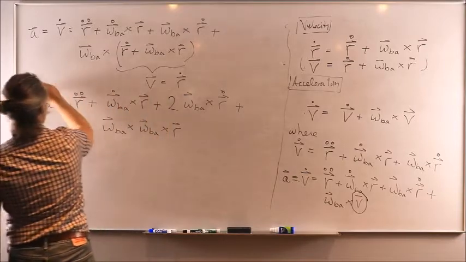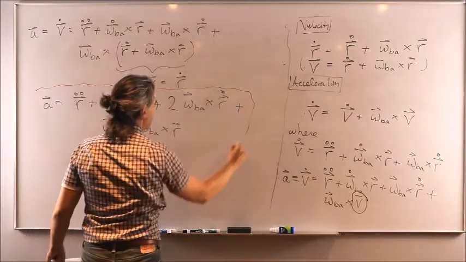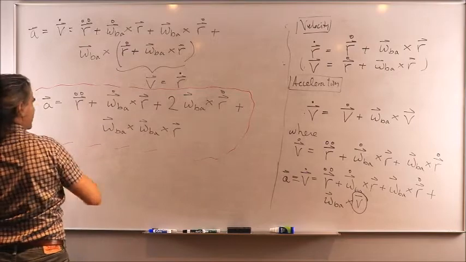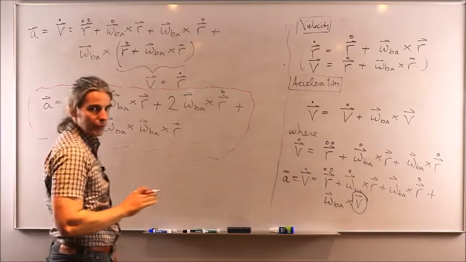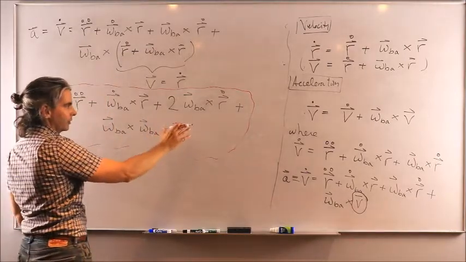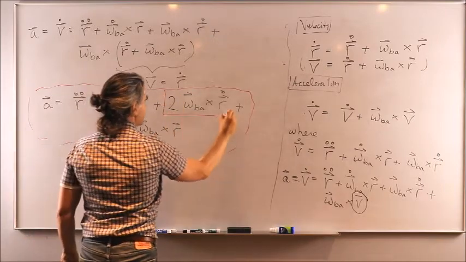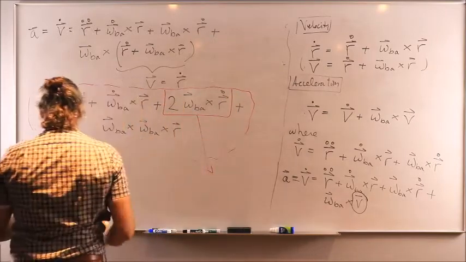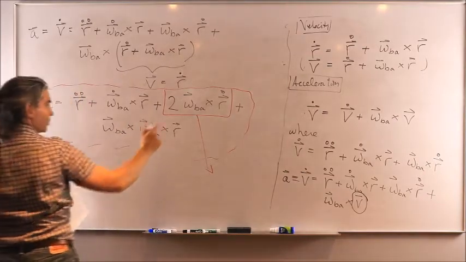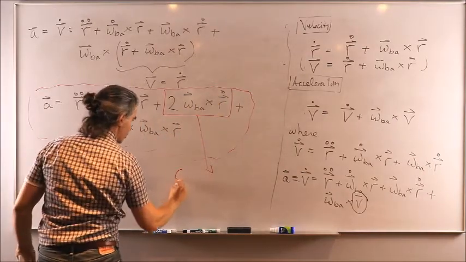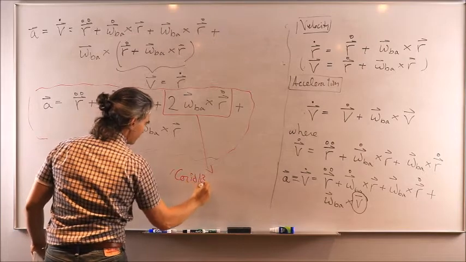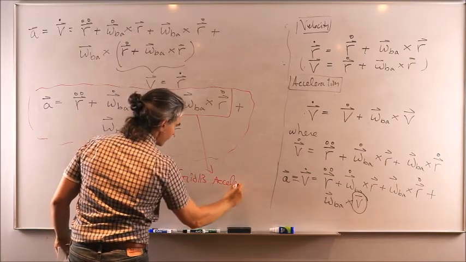Now, if you look at this expression, the acceleration from the kinematics point of view, because as you can tell, there are no forces involved here, one thing you can notice is that 2 omega BA cross r hollow is the Coriolis acceleration term.